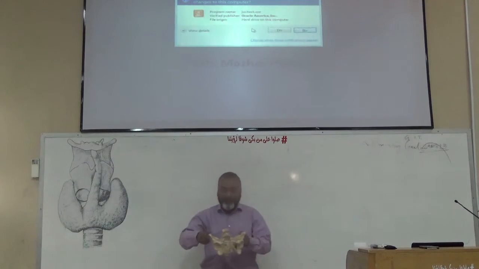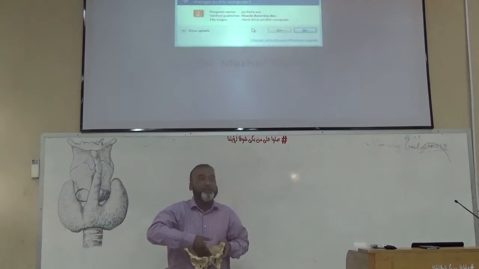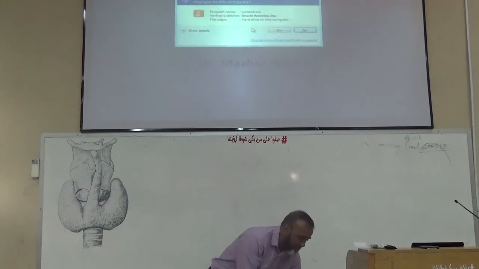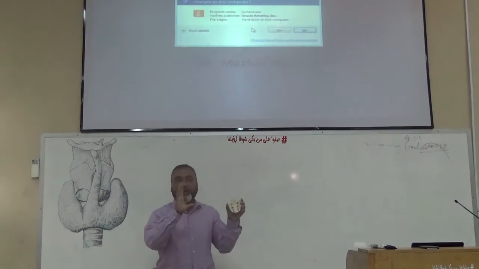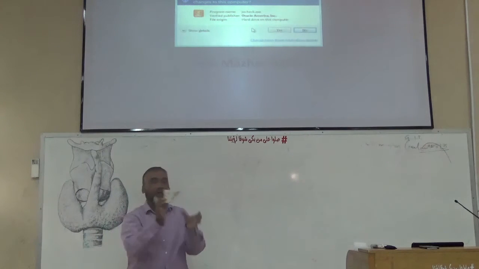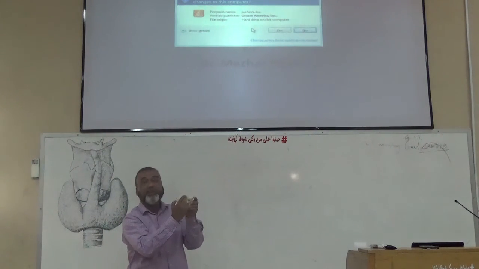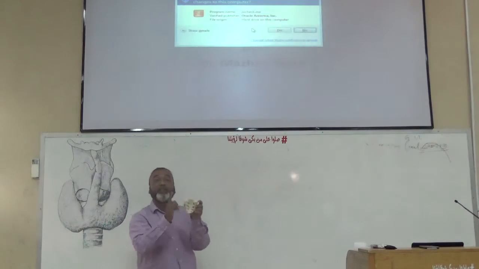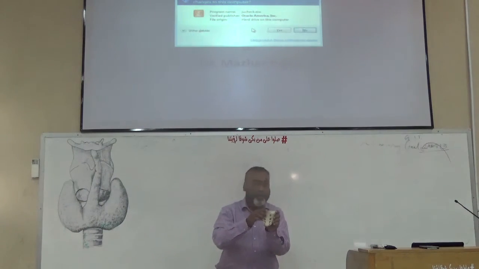This pelvic brim, if we see from the posterior aspect, starts at the upper border of the first sacral vertebra. This is the sacrum, which comprises 5 vertebrae joined to form a single mass. The upper anterior border of the first sacral vertebra is named the sacral promontory.